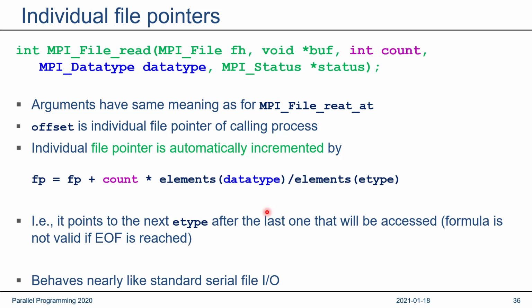Okay, unless of course end of file was reached. Again, you have to check end of file by checking the amount of data that was read. So this is really very close to standard serial file I/O.